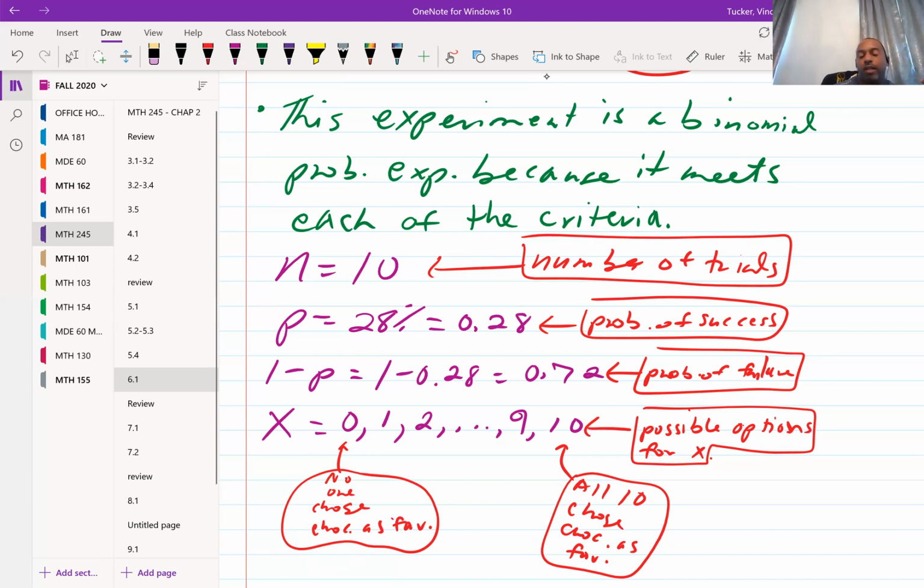And then 10 is when you choose 10 people and all 10 of them choose chocolate as their favorite. All right. Any questions?